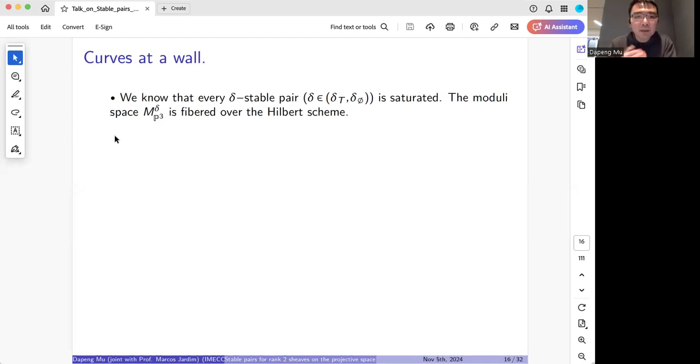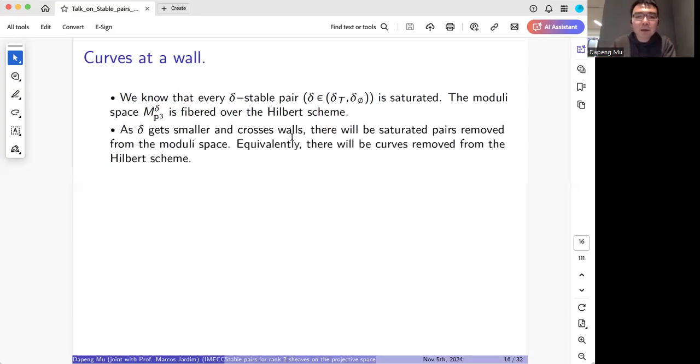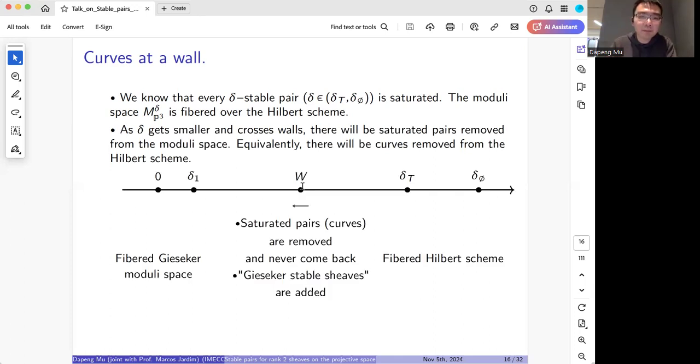We just saw that when delta lies in the very last chamber, every delta stable pair will be saturated, so we have a fibration over the Hilbert scheme. When delta gets smaller, every time I cross a wall, we lose some saturated pairs, or equivalently, we lose some curves from the Hilbert scheme.